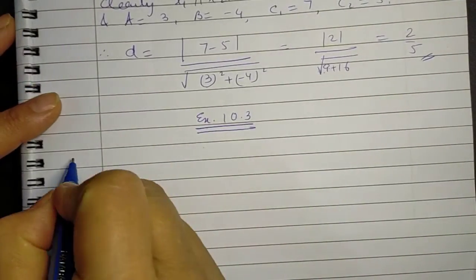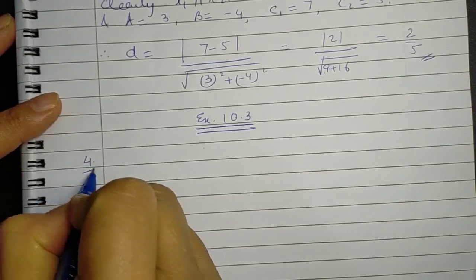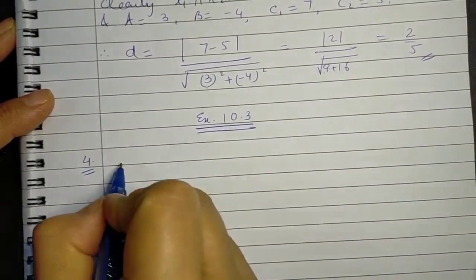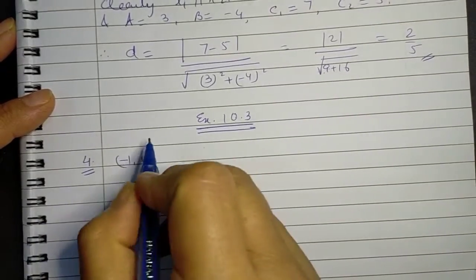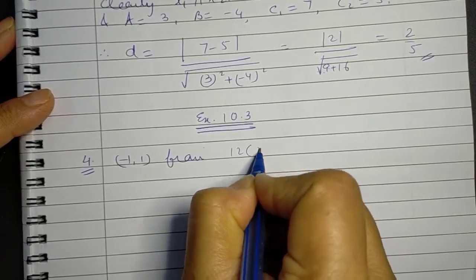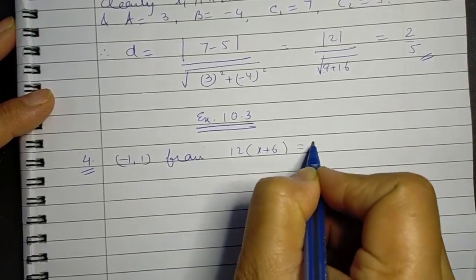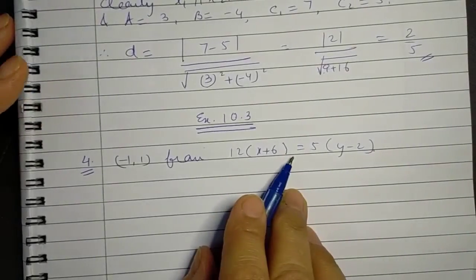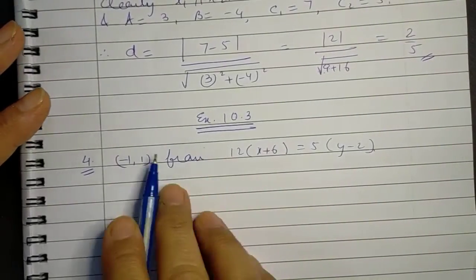So let's start. Question number 4 says that find the distance of a point minus 1 from the line 12 times x plus 6 equal to 5 times y minus 2. This is a straightforward question. We don't have to do anything in this.